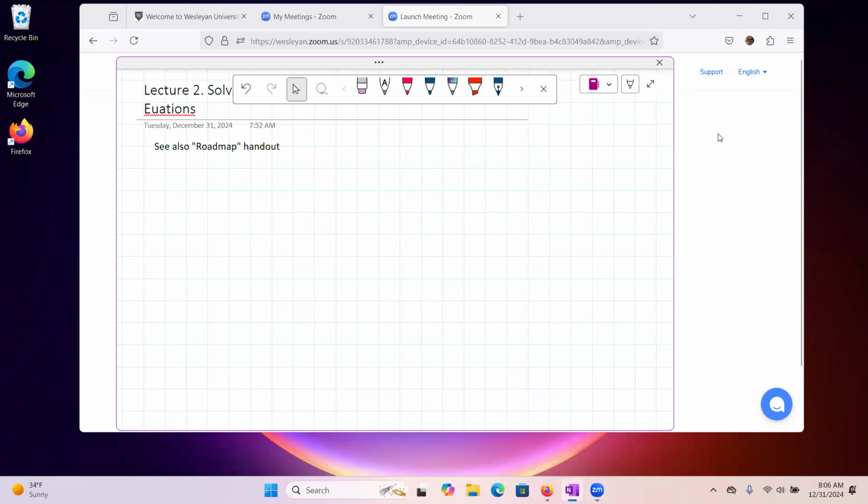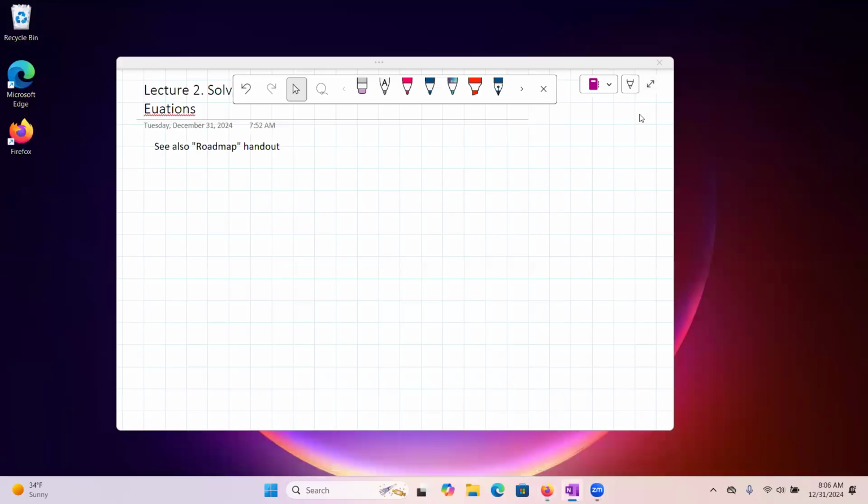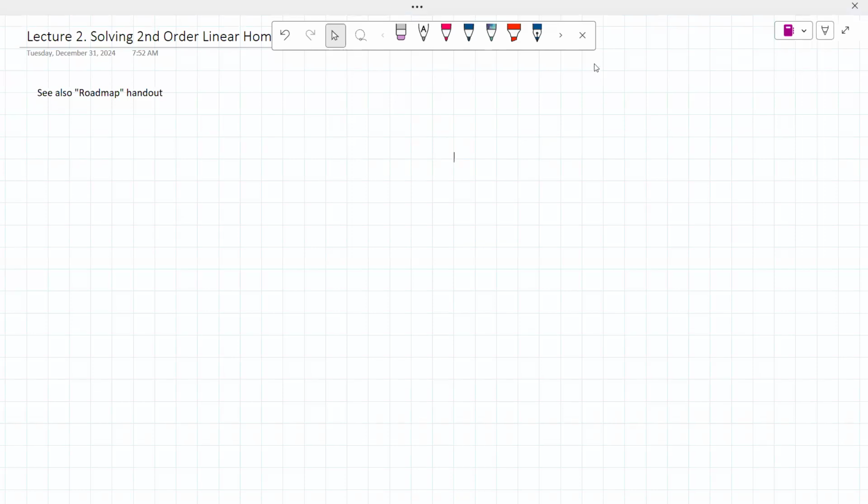Okay, great. So here we are. Oops, no, that's the wrong one. Hopefully we can make this one full screen, except the Zoom stuff is on top of this one. How can we make this one full screen? There we go. All right, we're in business. Just as I'm flipping my notebook pages here, I also want to point out that there's a handout available that accompanies this lecture.